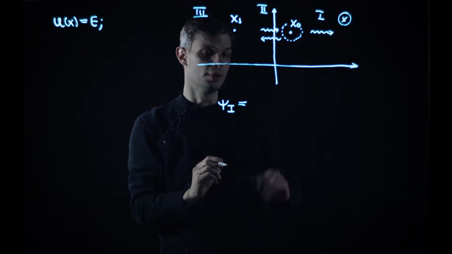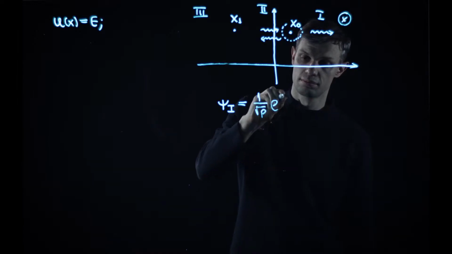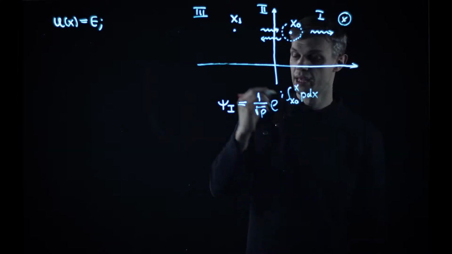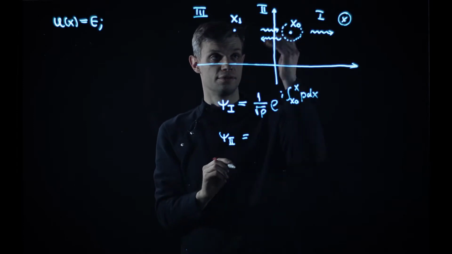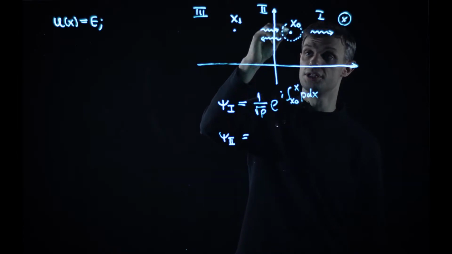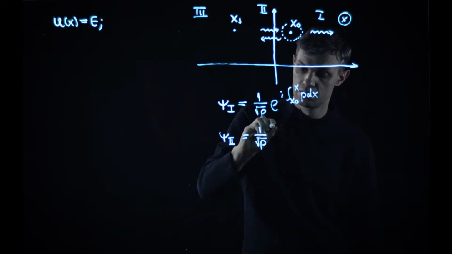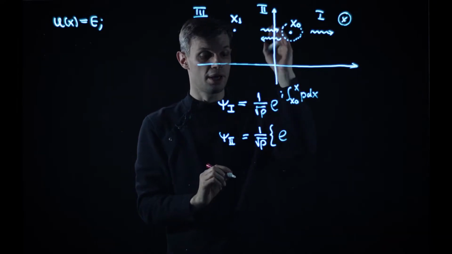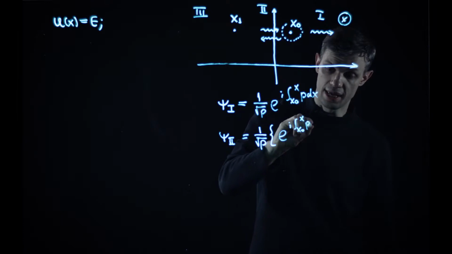The amplitude in region 1 is as follows. And the amplitude in region 2, in the vicinity of this point x0, actually not in the vicinity but just in the complex plane here, is represented by the sum of the incident wave and the reflected wave, and they have the same amplitude.